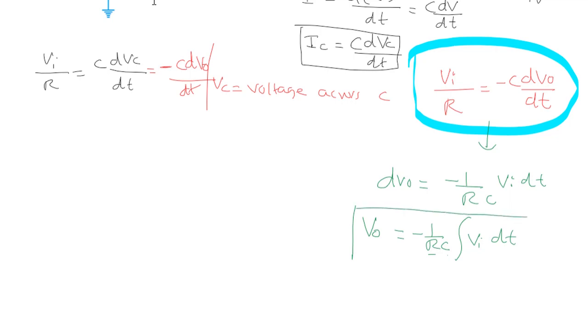So now output potential V0 is equal to the integral of the input potential, and also we have a scale factor 1 by RC here, and you have an inversion, that is the minus sign. So the output is an integral of the input with an inversion and a scale multiplier 1 by RC. So this is the working of an integrator.